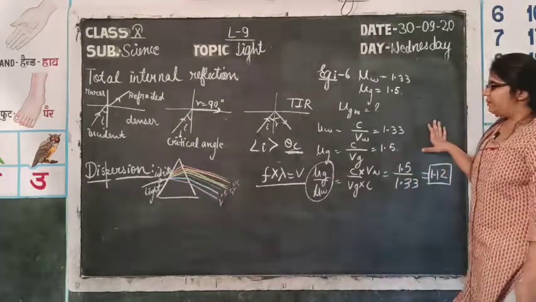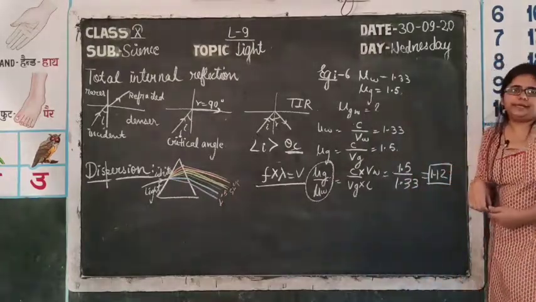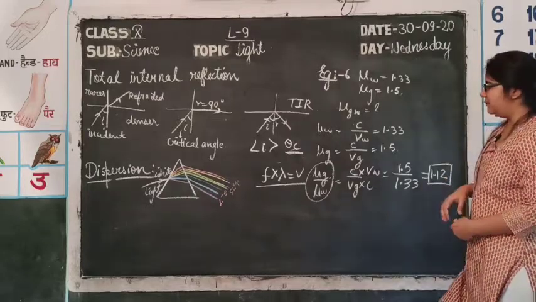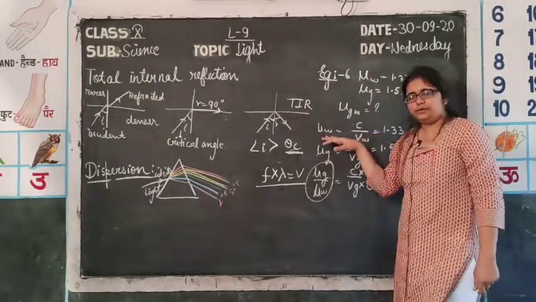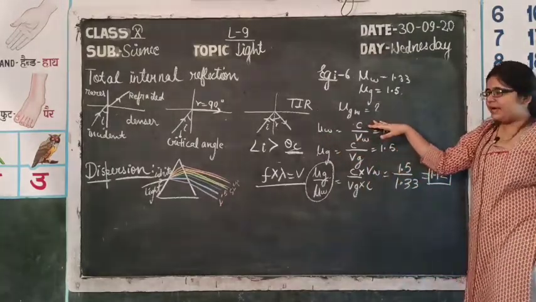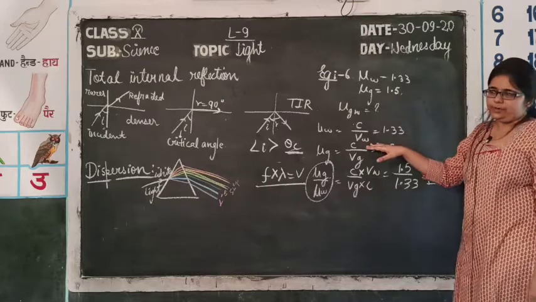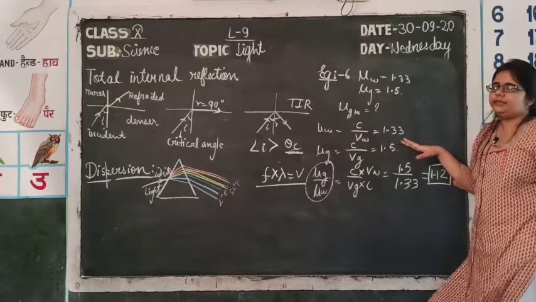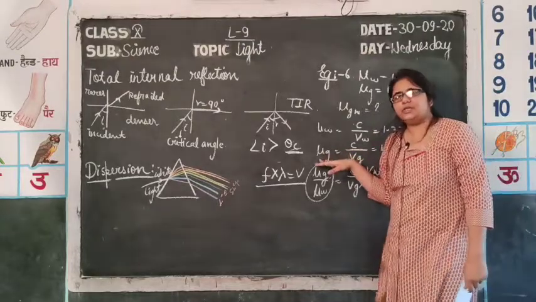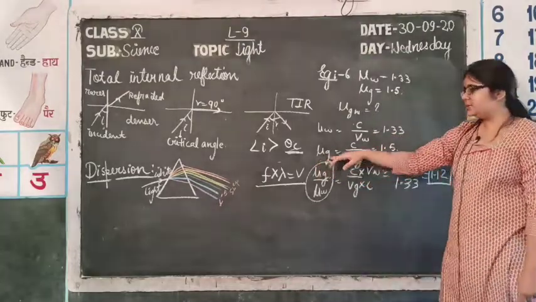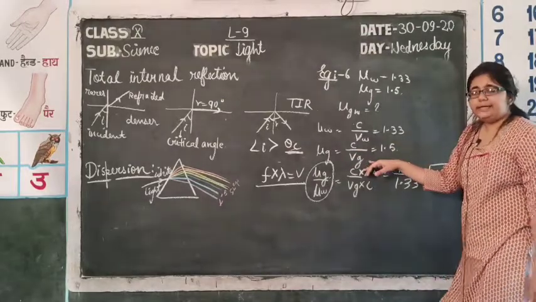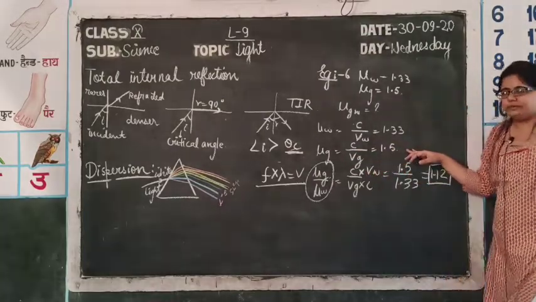I have told you that refractive index is the ratio of the speed of light in vacuum to the speed of light in that medium. So, the refractive index of water with respect to vacuum is the speed of light in vacuum divided by the speed of light in water, that is 1.33, given in the question. Second, the refractive index of glass with respect to vacuum is the speed of light in vacuum divided by the speed of light in glass, that is 1.5.